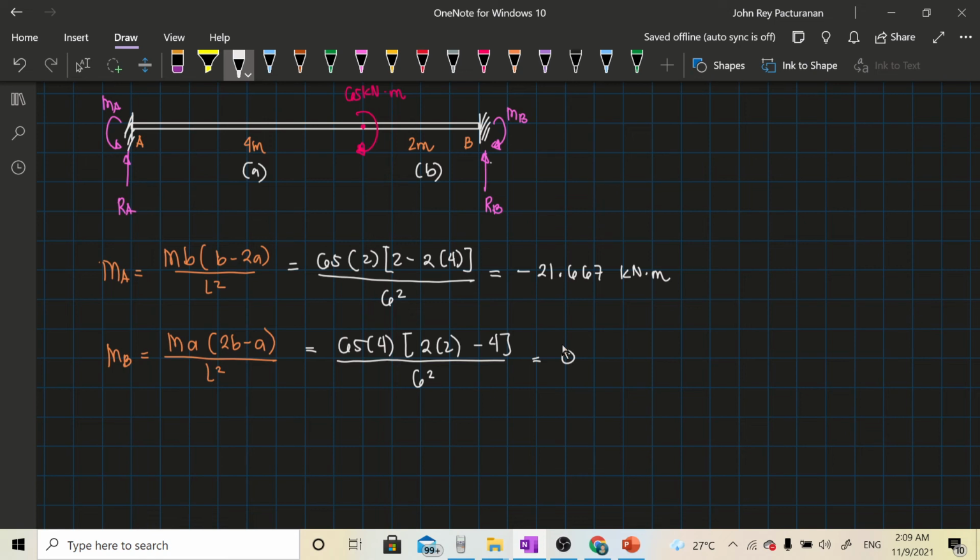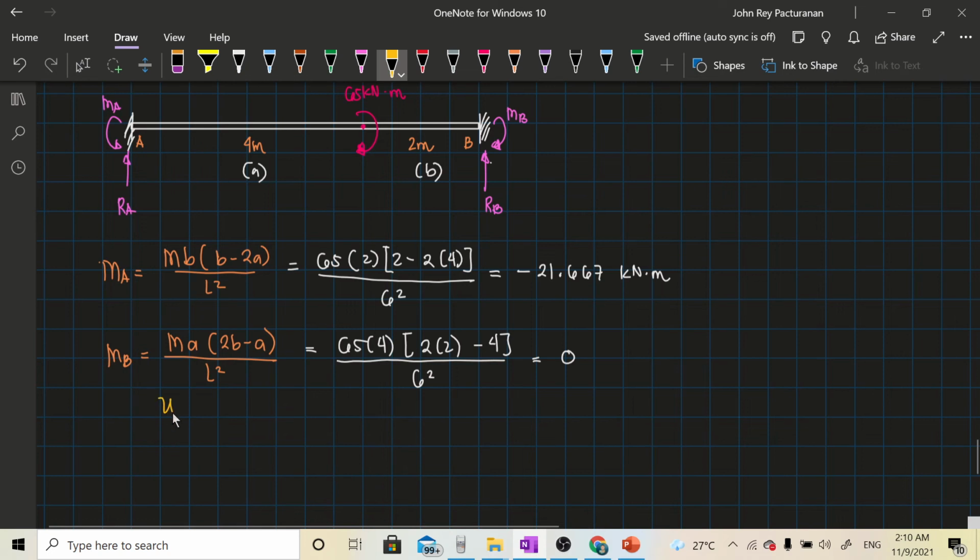So, 65 times 4, 2 times 2 minus 4 divided by 6 squared. So, 0. Wala tayong magagawa if that's the reaction. So, go for it. Ngayon, after natin mahanap yung values ng MA and MB, let's proceed to the statics kasi yun naman na yung next step, no?